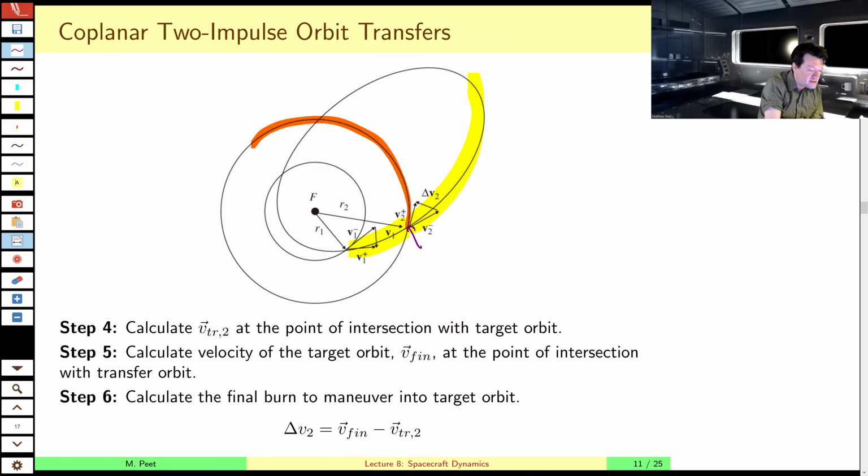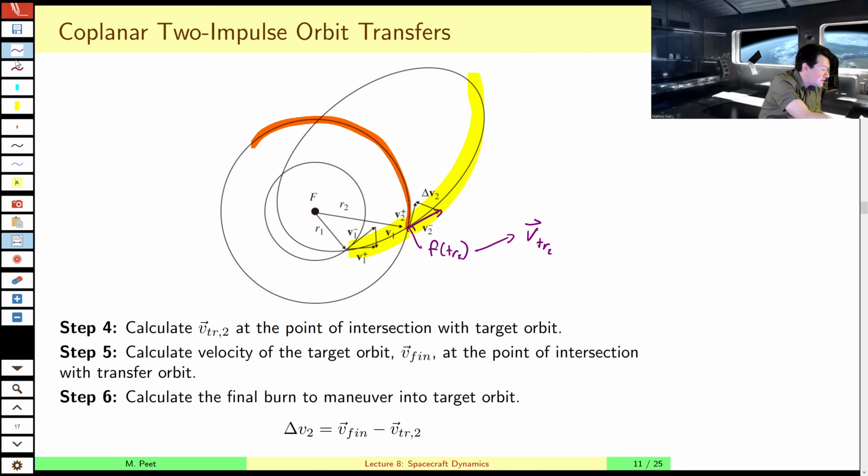And you calculate the time at which you intersect there, FTR2. And you use that to get your velocity at that time, because you have all the other orbital elements of your transfer orbit. So you get the velocity at time 2. Now that's this vector here going that way.